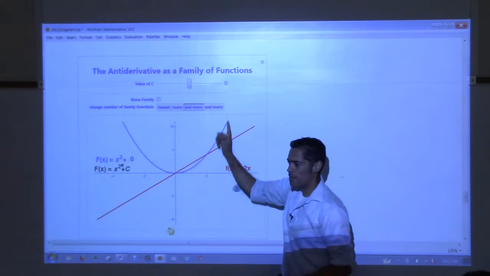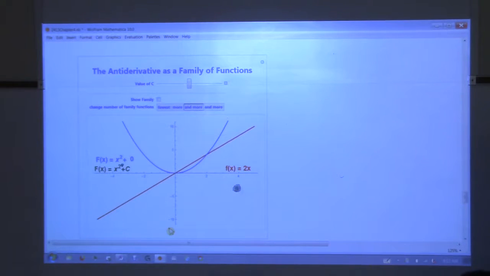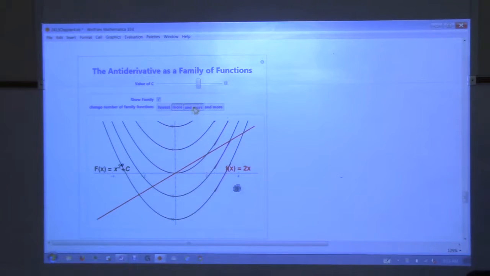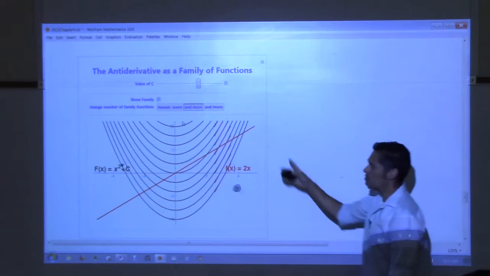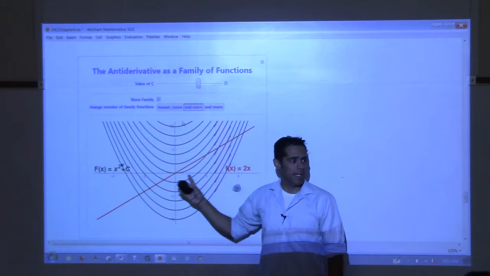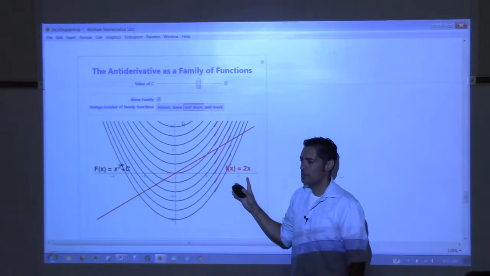But we said it could be any parabola, x squared plus a constant. So any of these would be okay. What we have really is a family of functions. All of these parabolas qualify as being antiderivatives of 2x.